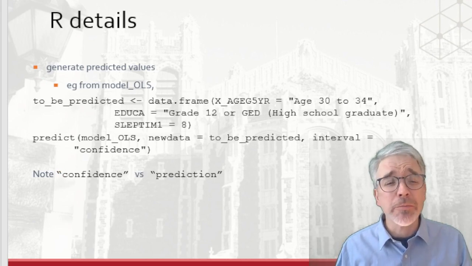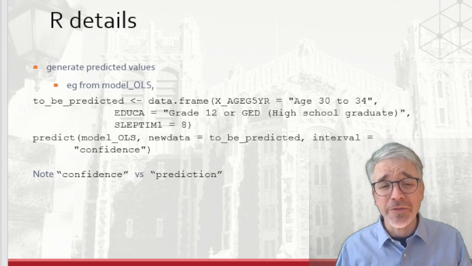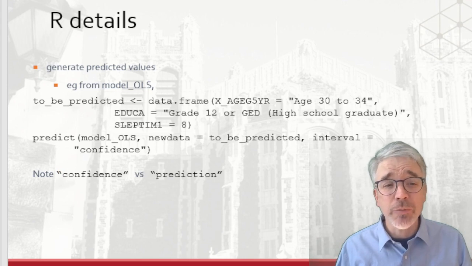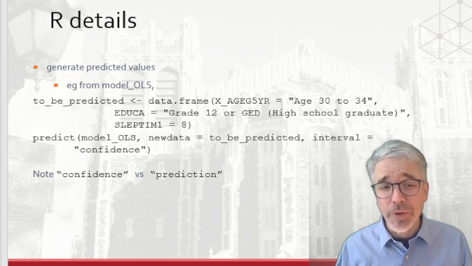So you can generate predicted values for particular cases. Might want to ask, what is the predicted BMI of somebody age 30 to 34 with a high school diploma, gets 8 hours of sleep, and R will tell me exactly what is the predicted value in that case. It's often a good way of assessing if the model seems reasonable. It's also a way to generate counterfactuals.